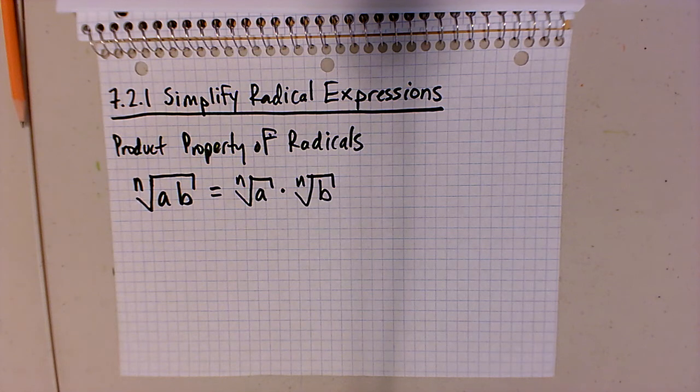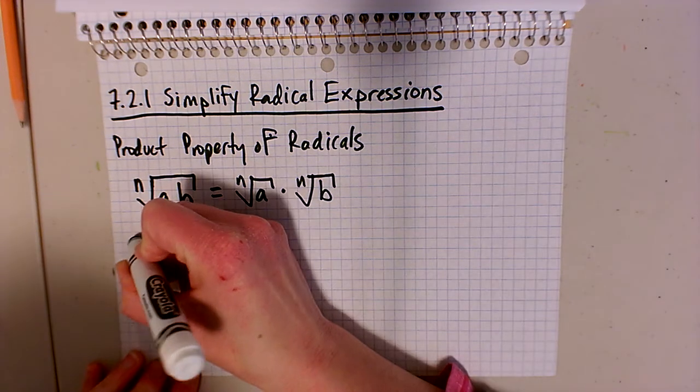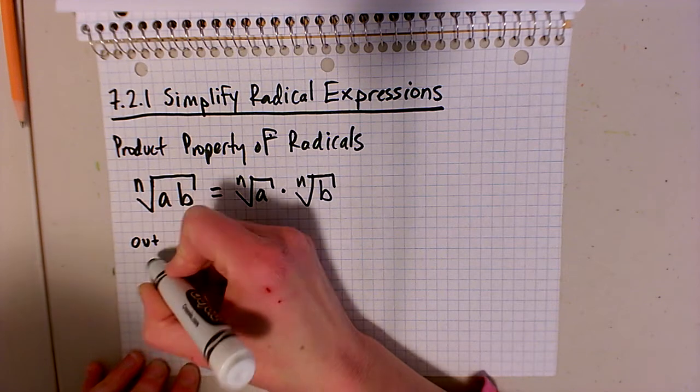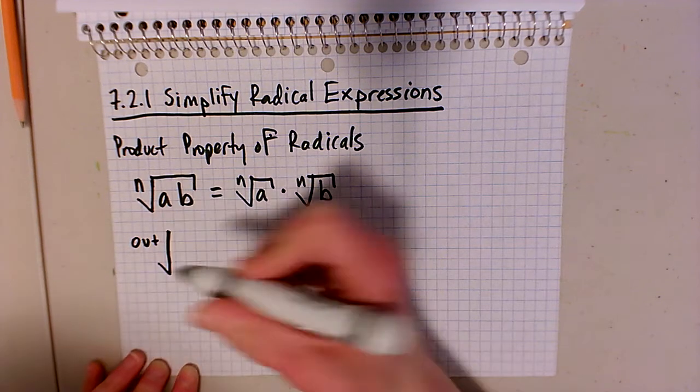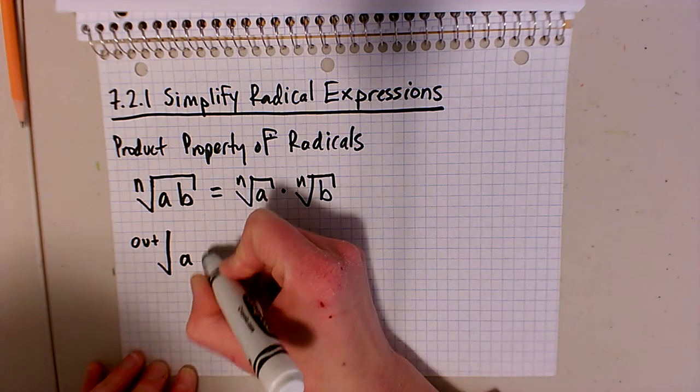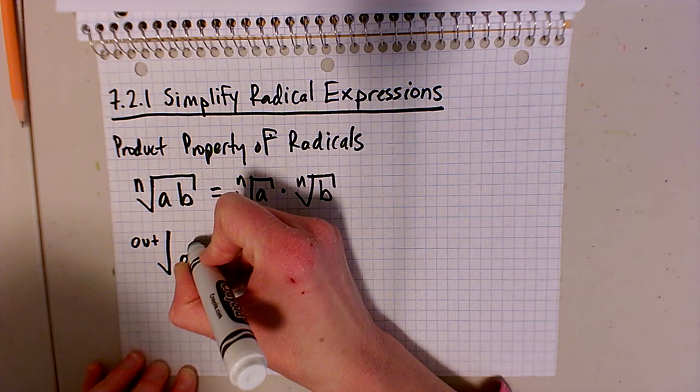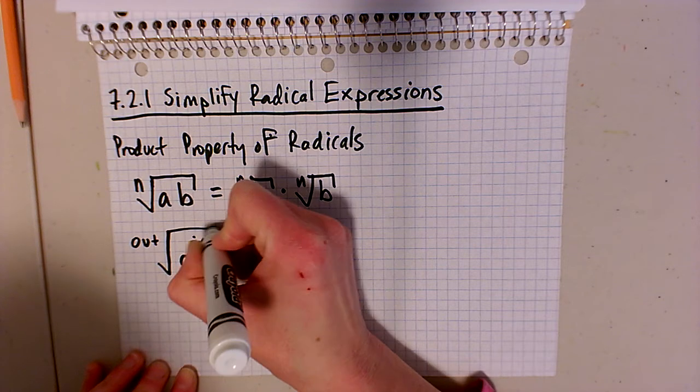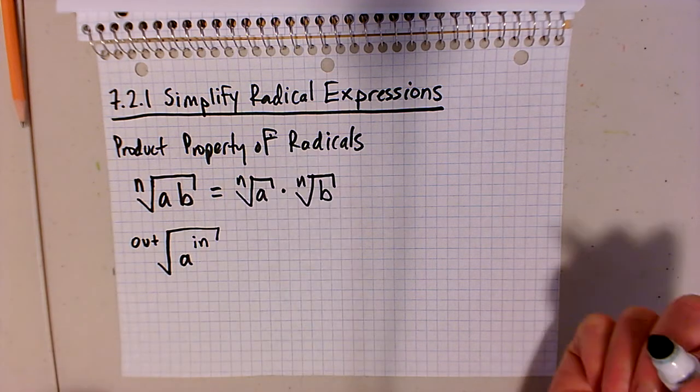Now, I've come up with a way of dealing with some of these, and I call it the outside and the inside rule. So we know that we normally write our root on the outside, and then we can have things on the inside, let's say a, raised to an exponent, and that exponent is on the inside.